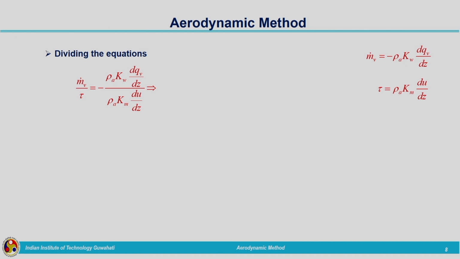On the right hand side, the negative sign is there, rho a kw dqv by dz divided by rho a km du by dz.